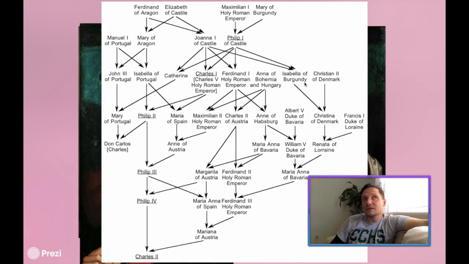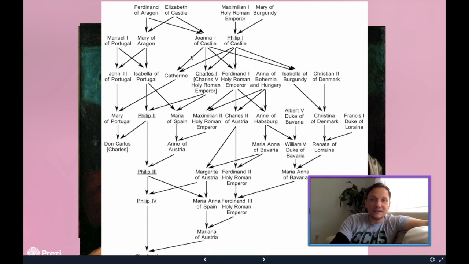Now, some of y'all are immediately probably asking yourself, well, how did they keep that power? Like, how is that possible? Well, they tended to keep it in the family, if you understand what I'm saying. As you can see, these arrows begin to cross over and intersect with only 2 family branches.